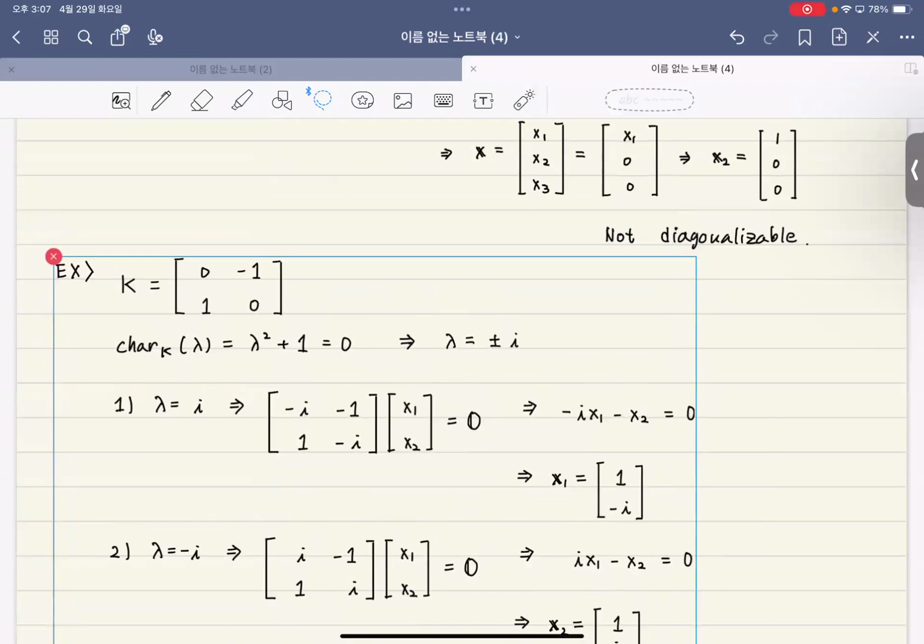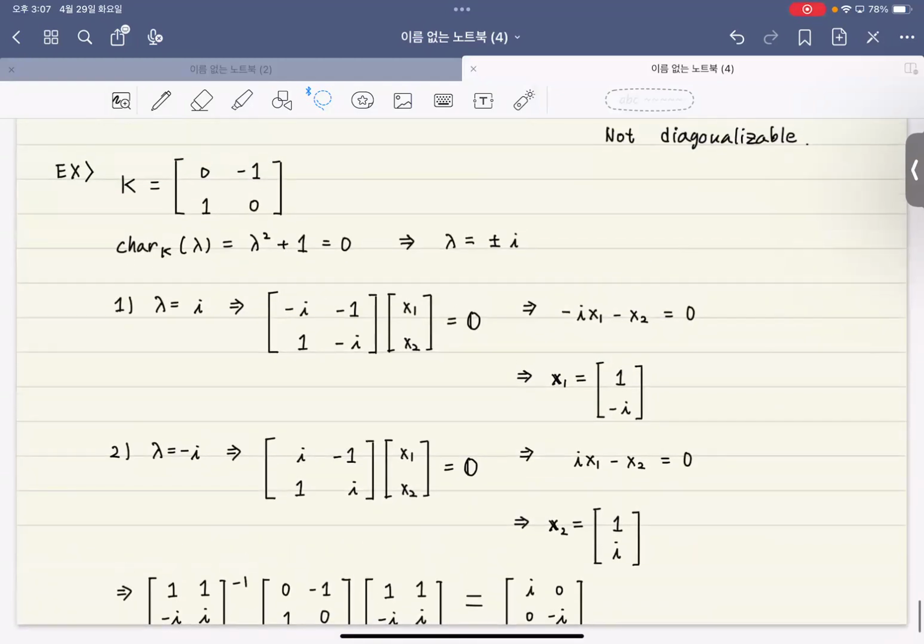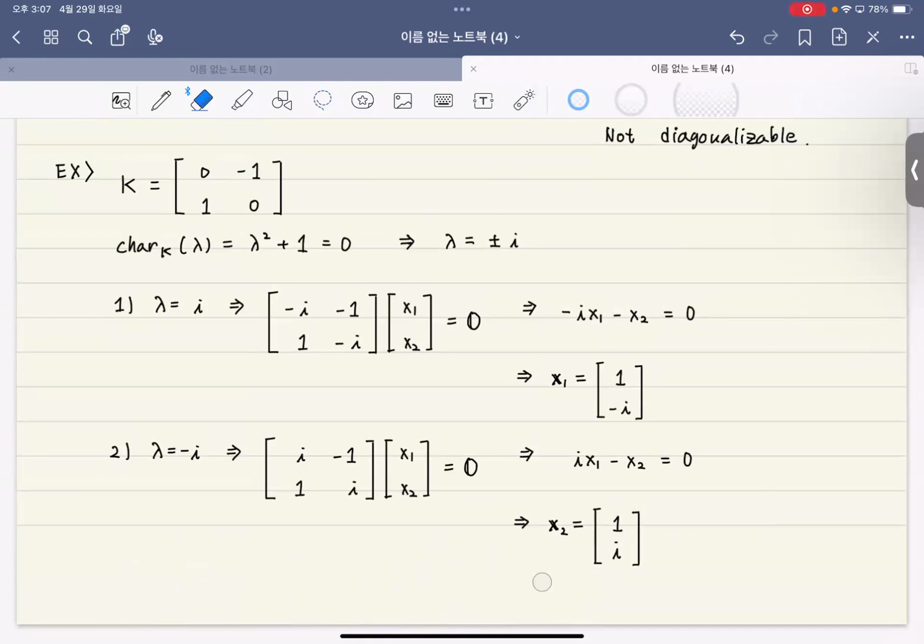Before I move on, I really want to take a little time to explain what happens if you have complex eigenvalues. I'm intentionally avoiding the complex eigenvalue case, but they are not that hard. So let's take a look at this.